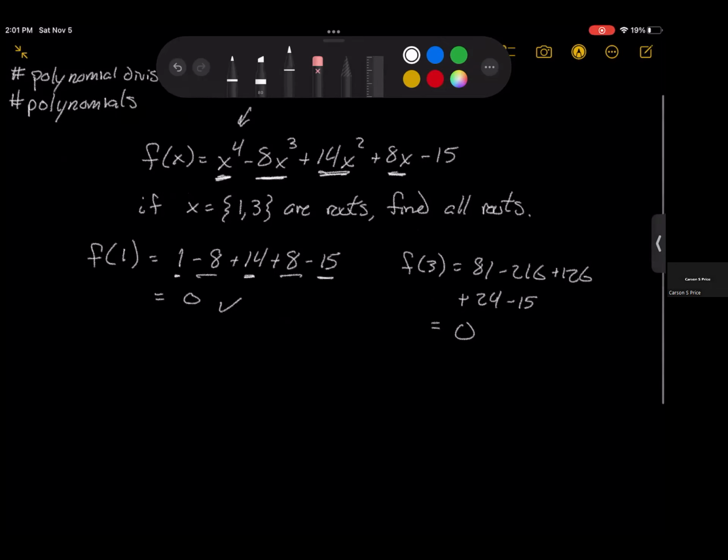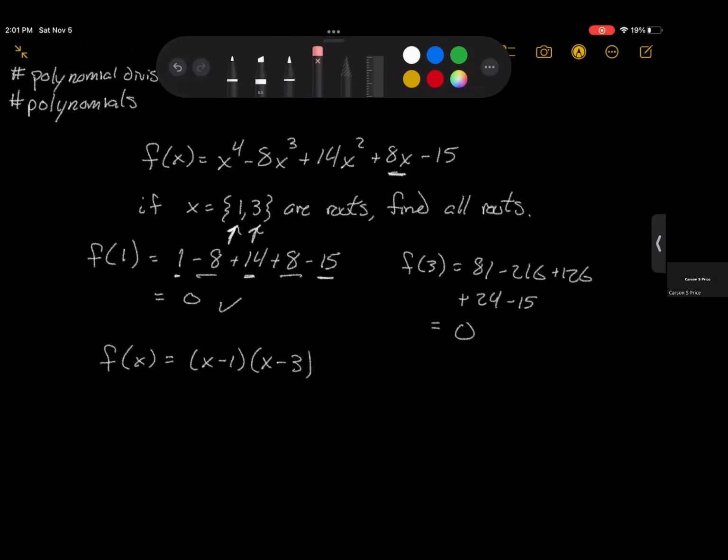So because I know that both of these are roots, I can now write my function by using factors, right? This fourth degree polynomial is going to have x minus 1 as a factor because of that 0 at 1. It will have x minus 3 as a factor because of that 3. All right.